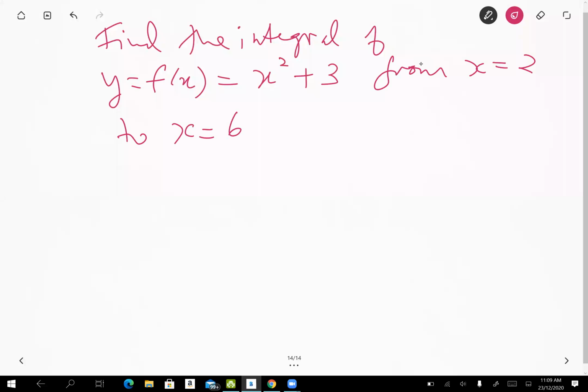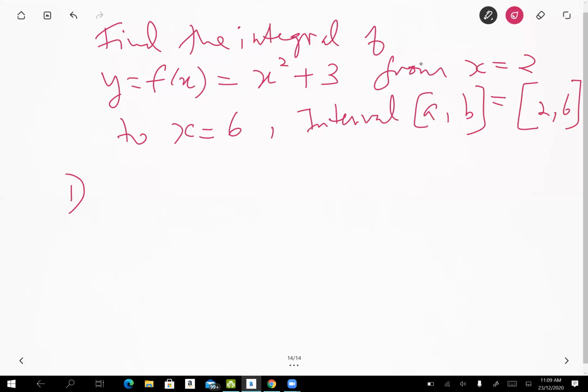So in other words, the interval AB is equal to 2, 6. This is what I want you to do first. Just follow what I ask you.